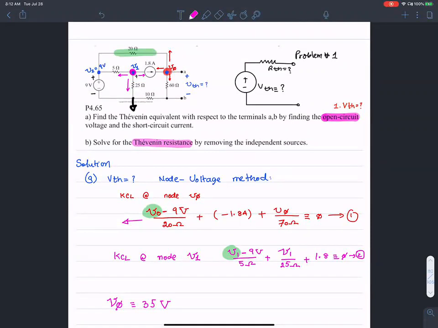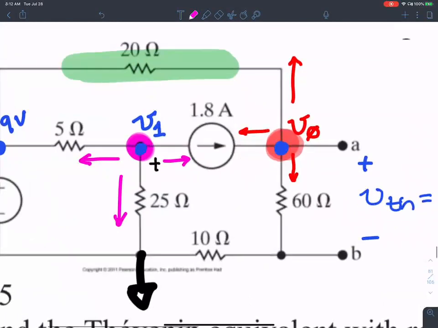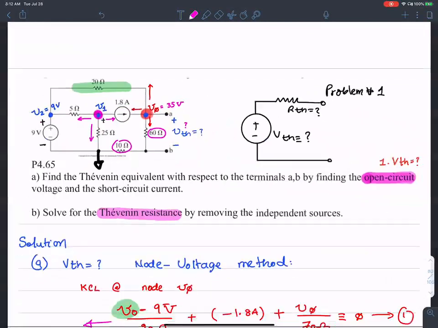Now, the voltage here is 35 volts. So what would be VTH? VTH would be the voltage division between 60 and 10. Let me write the voltage division equation.